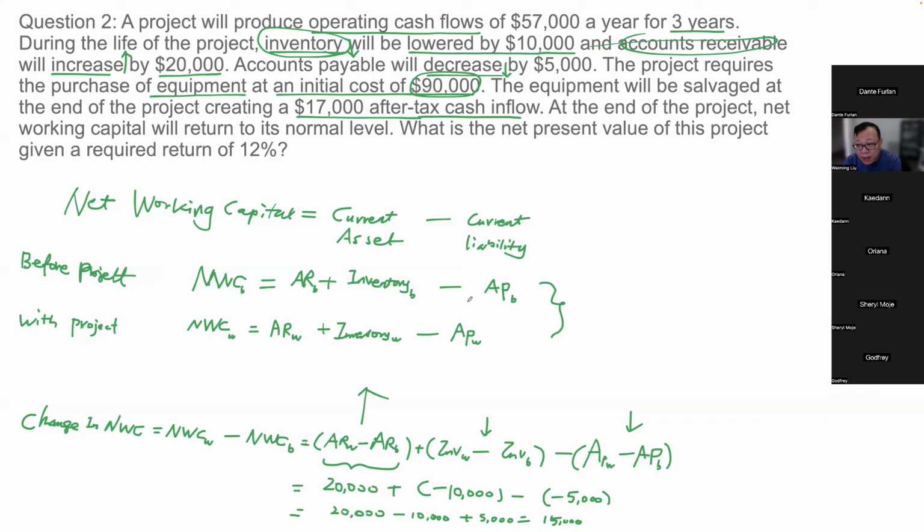So now we are saying initially you have to spend $15,000, right, to make your net working capital higher, right? But at the end of the project, the net working capital level will return to its normal level, just as before the project.